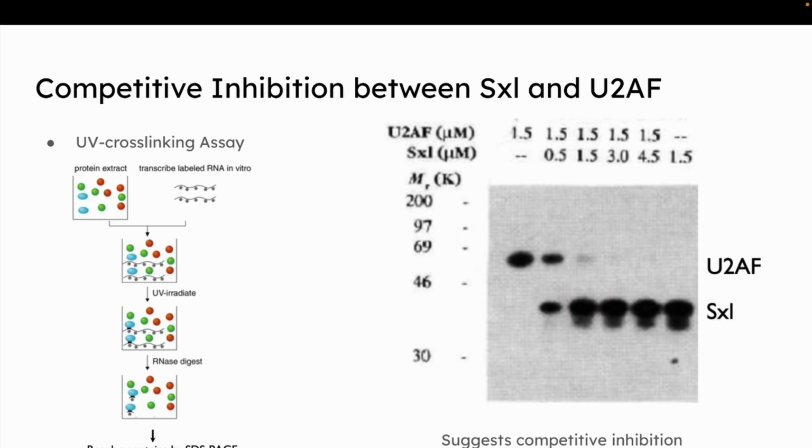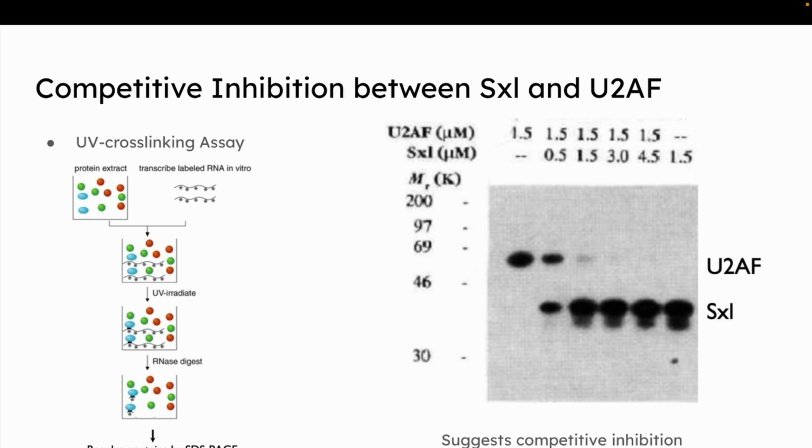And even if you go higher, you get crazy amounts of Sex-lethal. So this was very suggestive of competitive inhibition, because when you put both in the same solution, Sex-lethal wins. That suggests that the way this repression works is that Sex-lethal binds there competitively at the site, so U2AF can't get there and thus can't do splicing there.